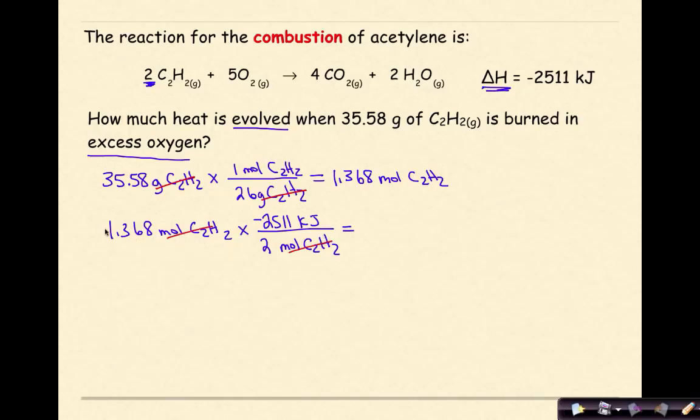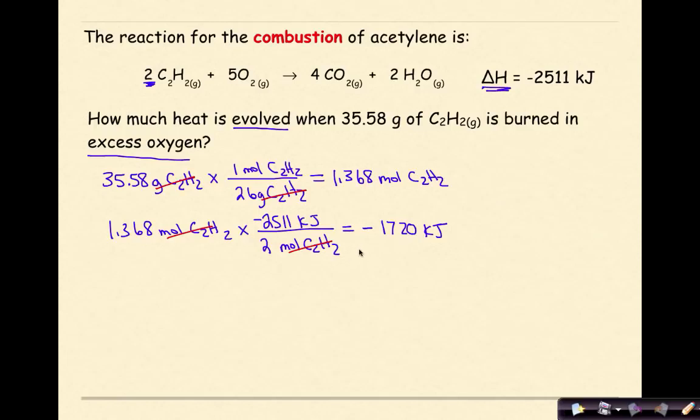And I do 1.368 times 2,511 divided by 2. And if I work that out, I'm going to get negative 1,720 kilojoules of energy released. So kilojoules, or you can put energy released. You need to show that energy is released as part of this process.